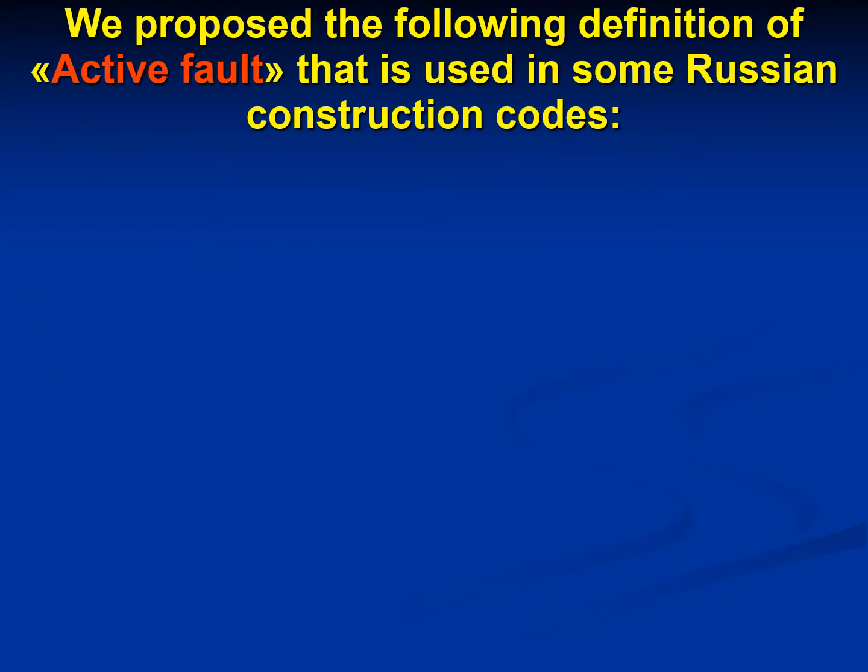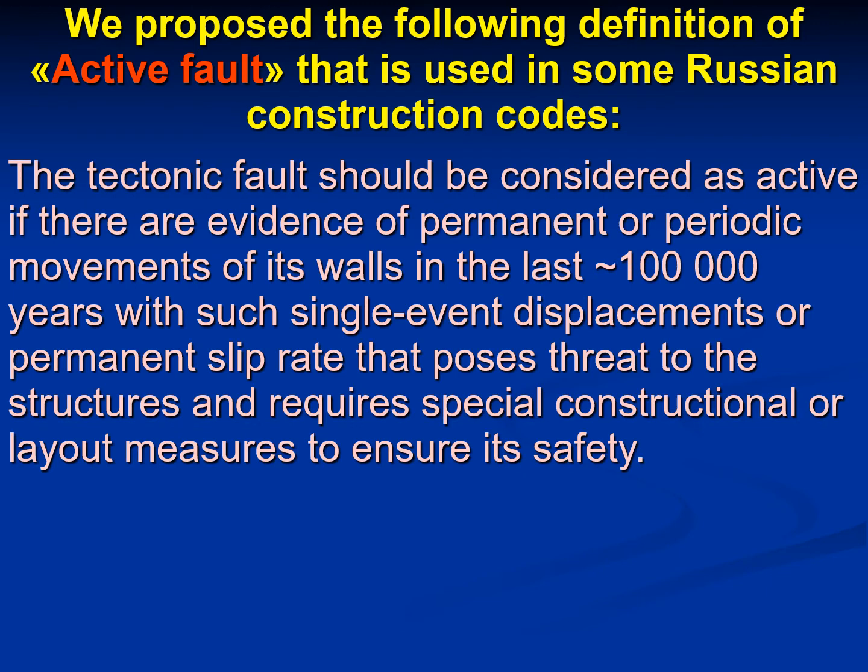So we propose the following definition of an active fault that is used in some Russian construction codes. The tectonic fault should be considered as active if there is evidence of permanent or periodic movements of its walls in the last about 100,000 years, with such single event displacement or permanent slip rate that poses a threat to the structures and requires special constructional or layout measures to ensure its safety.